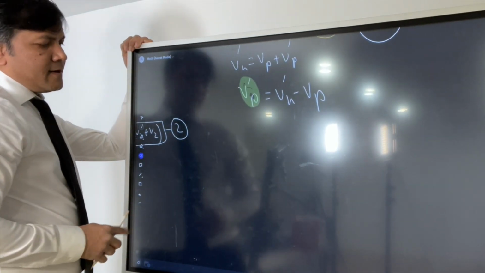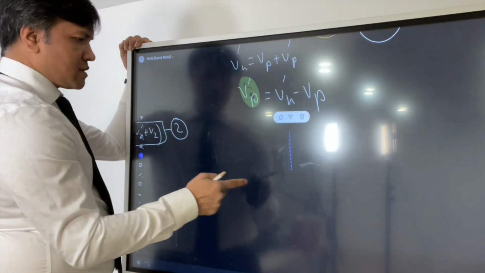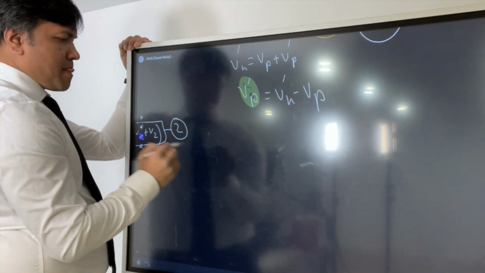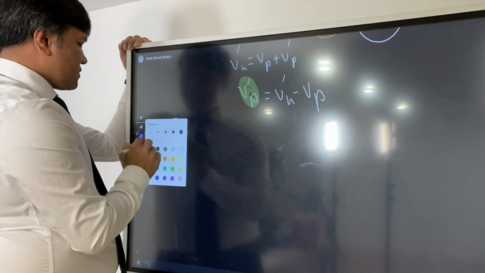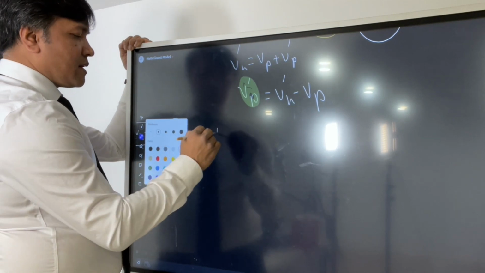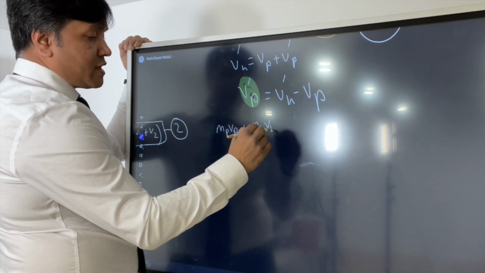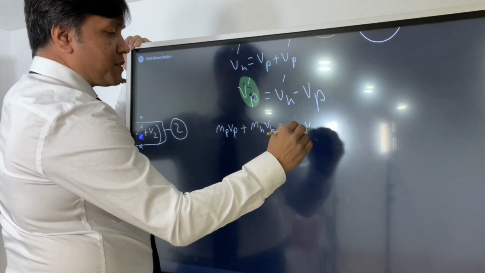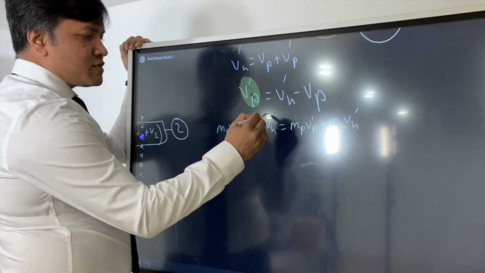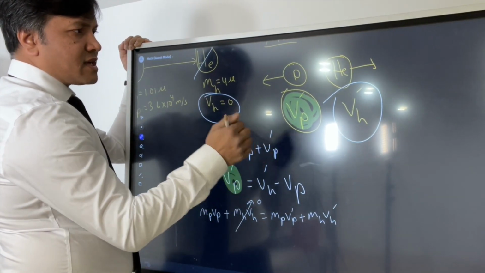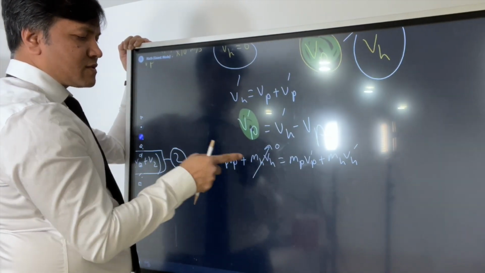Okay, good. Now I'm going to start with two arguments, of course. M1, not M1, sorry, we're done with the variables, so now it's time to use MP VP plus MH VH is equal to MP VP prime plus MH VH prime. This one goes to 0 because this one is at rest. Therefore this one goes to 0.